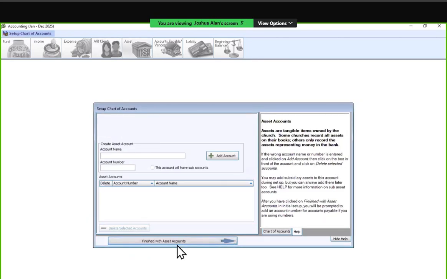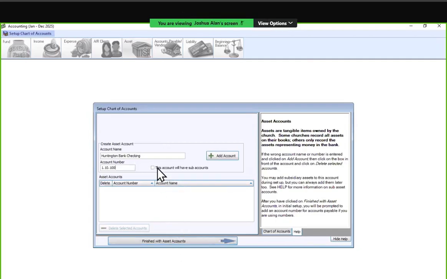Now it's asking, what is my first asset account? So I'll call this one, you know, Huntington Bank checking. So I'm adding a checking account now. And I tab down, and it's an account that starts with a 1. So it's now 10,100.